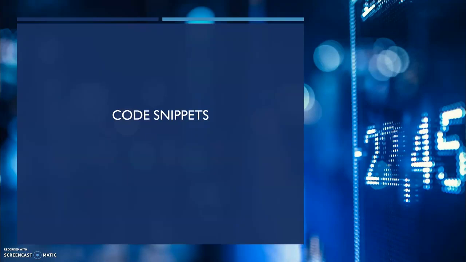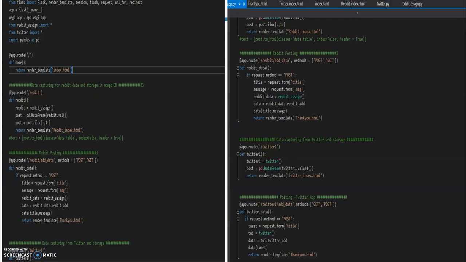I have taken a few code snippets to help present it better. My main file is the app.py file, and I have also taken two files individually, one for Reddit and another for Twitter, py files, and the class files.